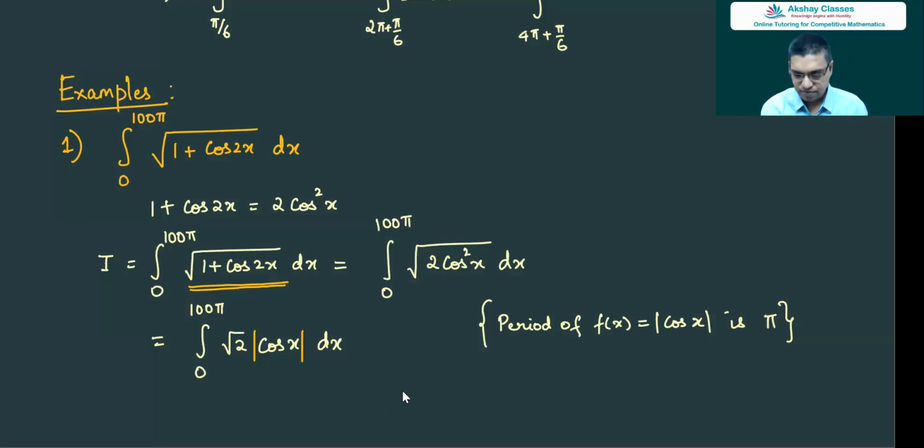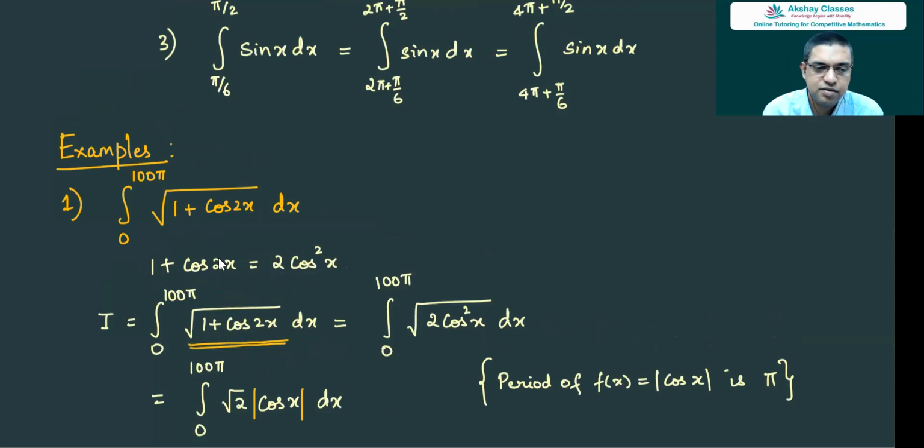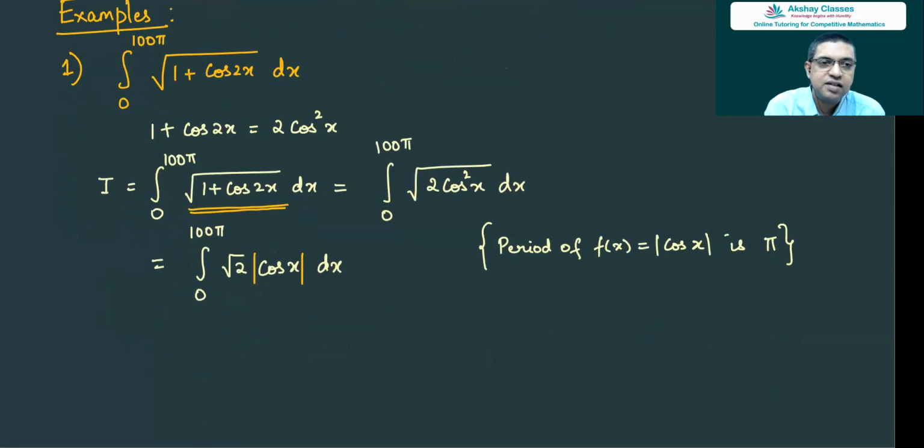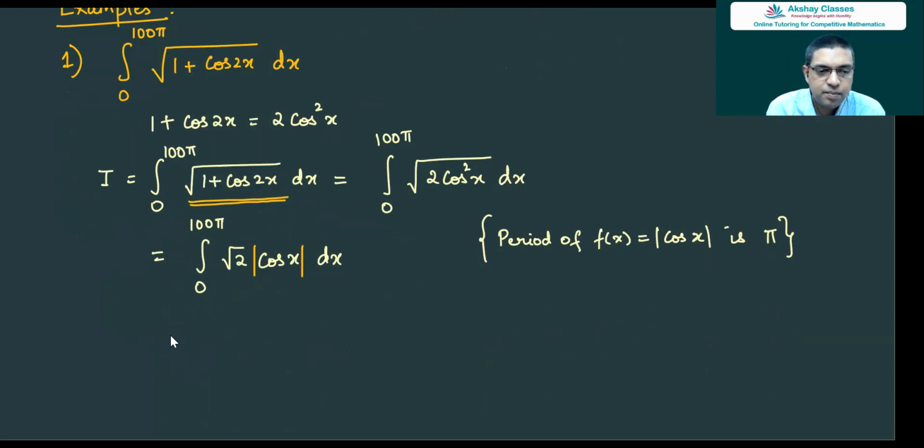So because this is periodic with period pi, we can write this as 100 times integral 0 to pi root 2 mod cos x. So now within 0 to pi, modulus of cos x, I'll not change it again, is this.